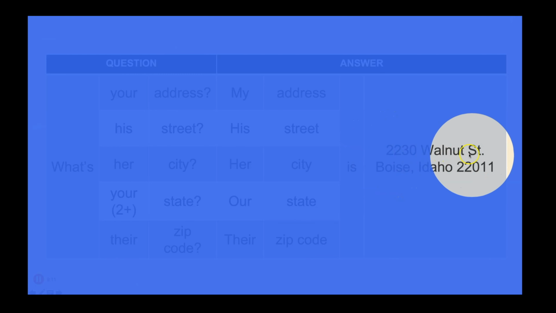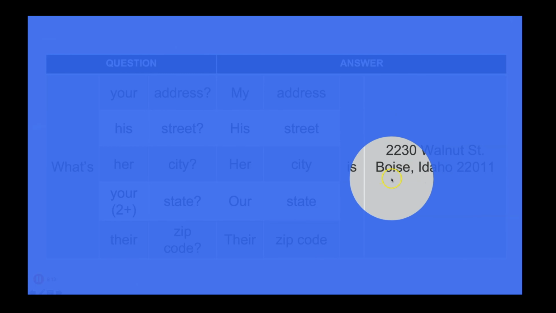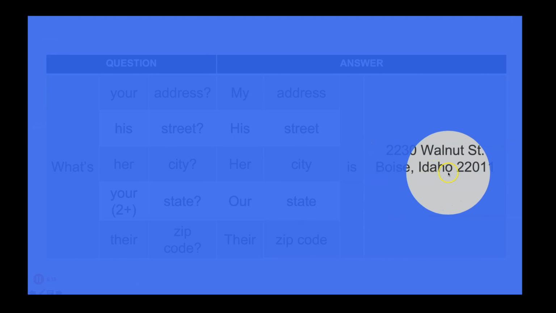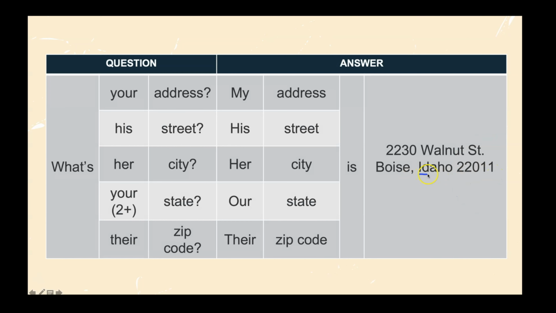2230 Walnut Street, and this is an abbreviation for street. 2230 Walnut Street, Boise, Idaho, 22011. You'll notice here that instead of the state abbreviation, which is ID, we have the full name, Idaho, and that's fine too.